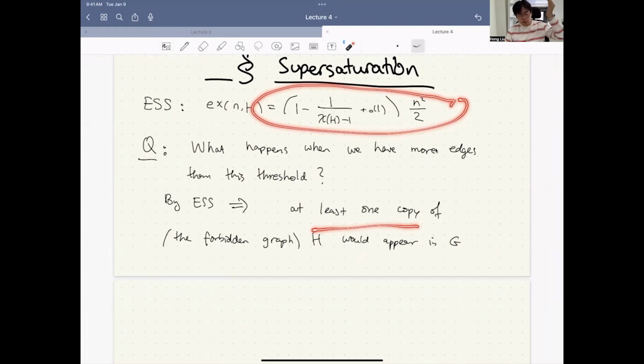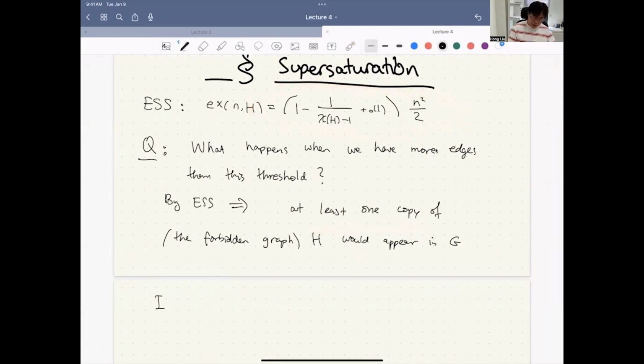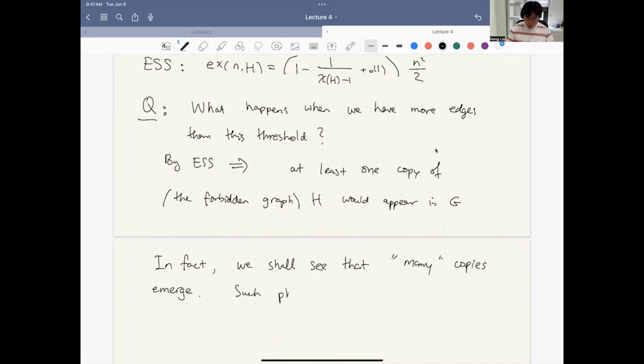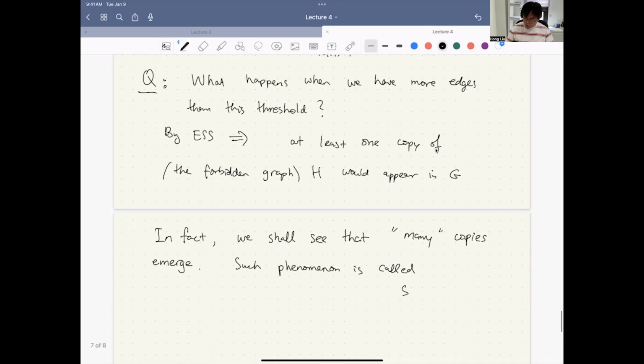There's a jump. So in fact, we shall see that many copies emerge. Such a phenomenon is called supersaturation.